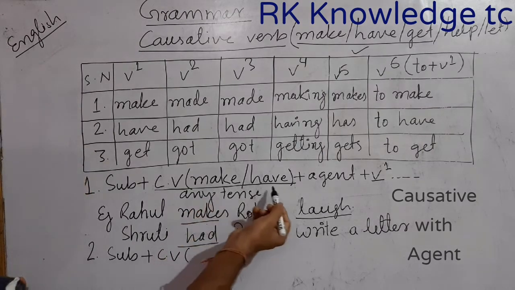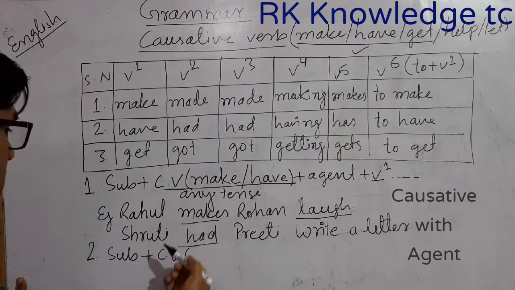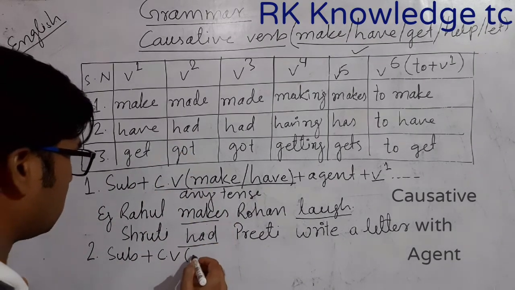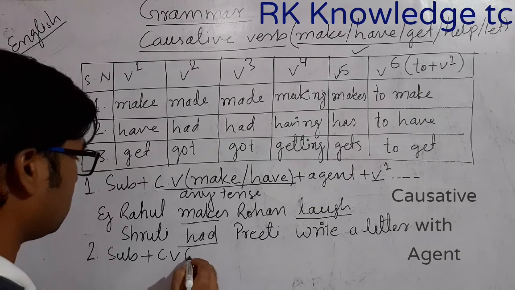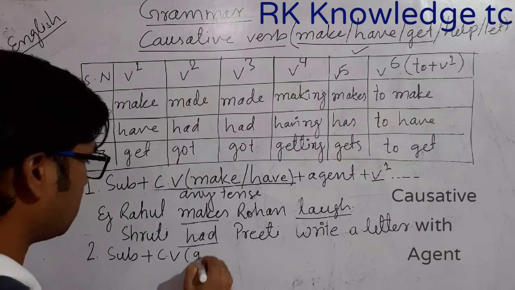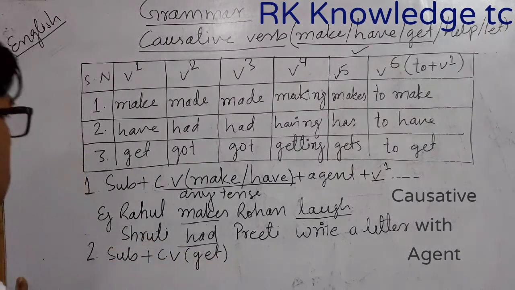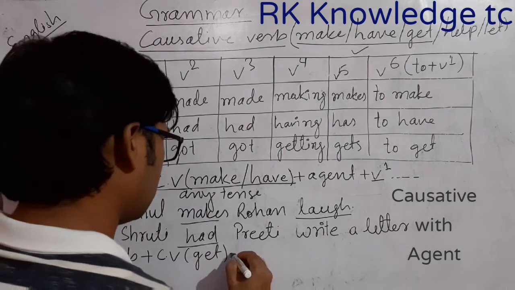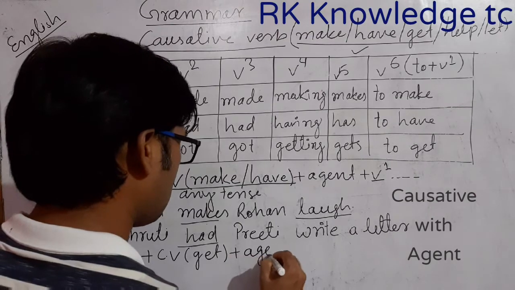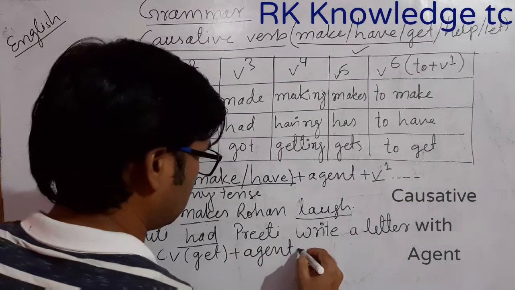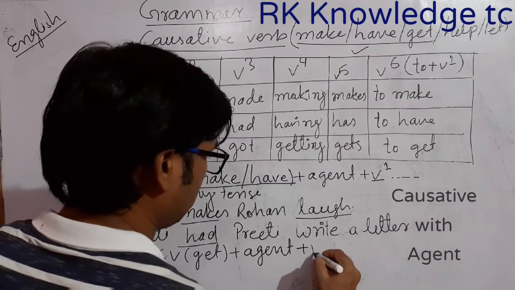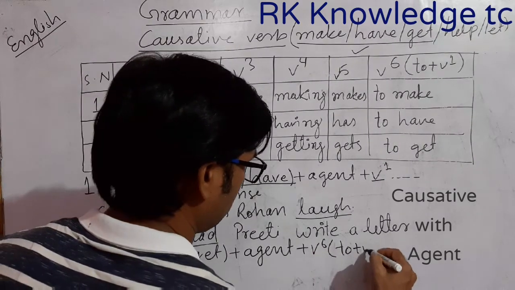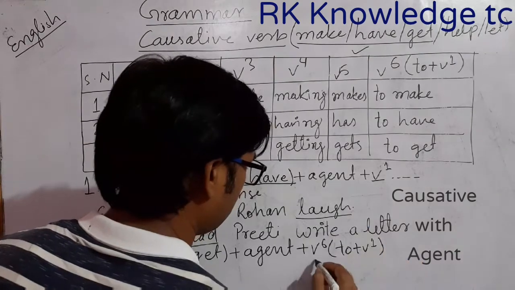Two causative verbs we have used, make and have, and there is one more causative verb left: get. So subject plus causative verb get plus agent, you have to use verb 6, or you can say to plus verb 1.